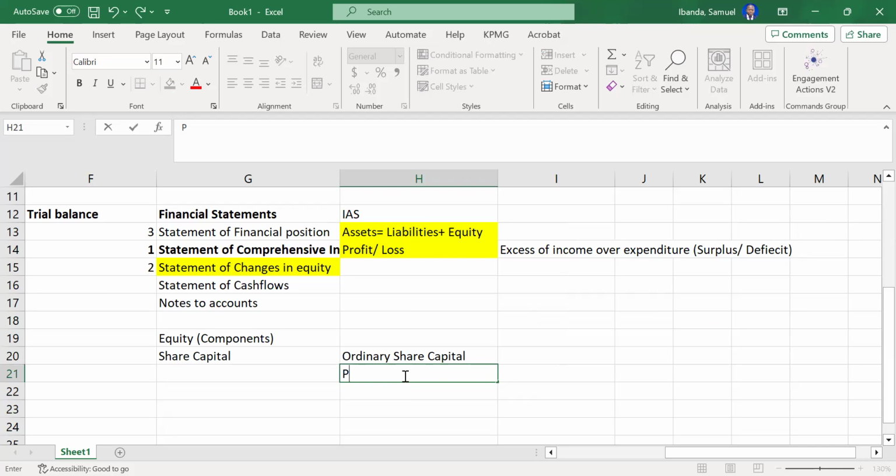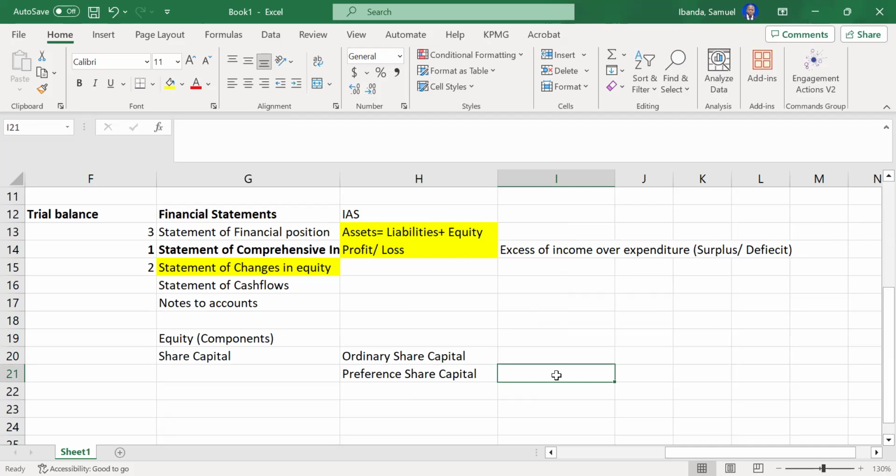And preference share capital, these are owners of the business that have preferential rights over the business. So these that have preferential rights have, of course, different terms, for example, they get a dividend even when the business may not make profits.